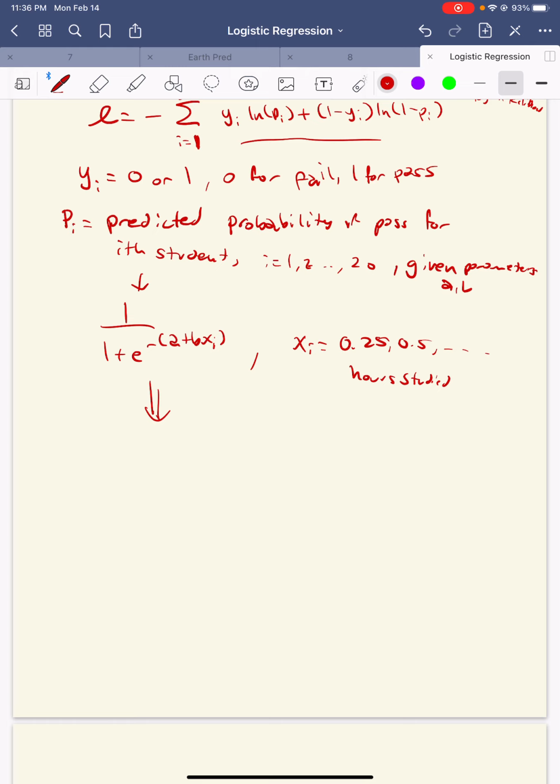And you can check the Wikipedia article. Those values for A and B are: A is negative 4.0778, and B is 1.047, roughly. These are approximate, because again, the computer can only approximate it too. And that's it. Now you have a model.